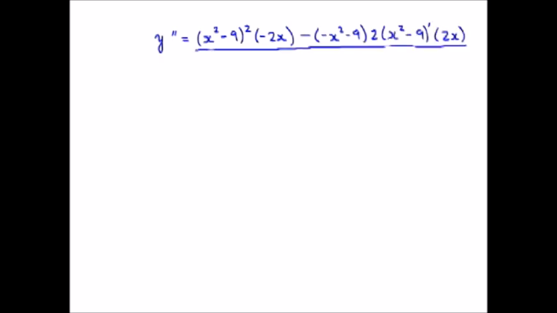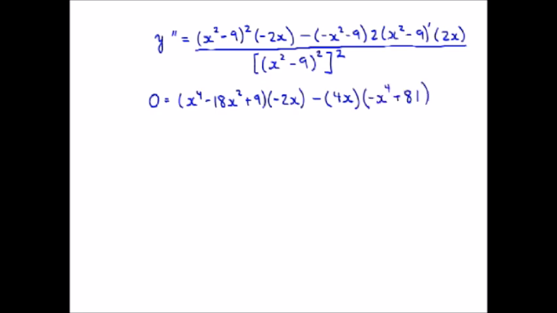And so I end up with y double prime is equal to x squared minus 9 all squared times negative 2x subtract negative x squared minus 9 times 2 times x squared minus 9 times 2x. And that's all divided by x squared minus 9 squared, which is then squared.